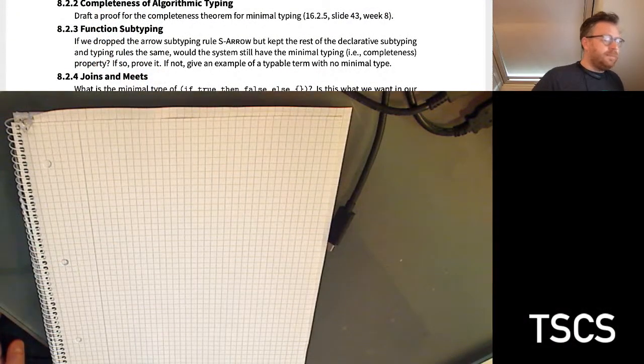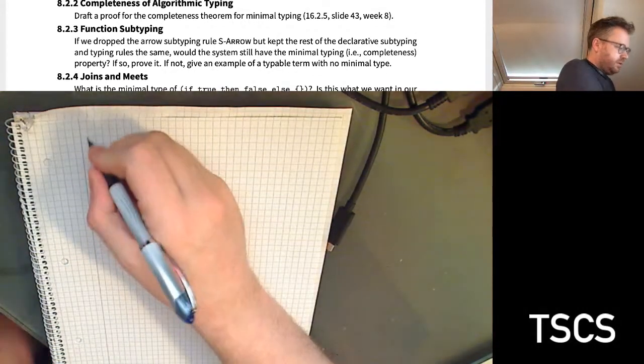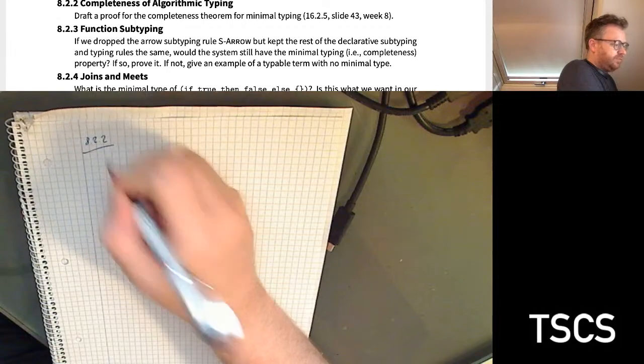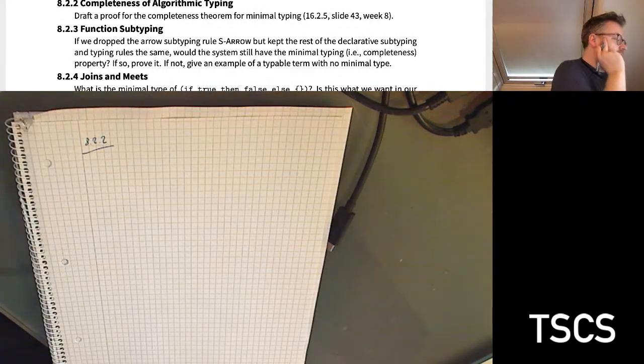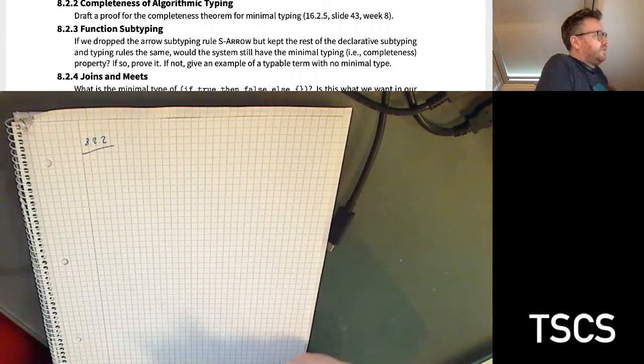Good. How do we go about this? So how do we go with this? Of course, as any proof in this course goes, it's an induction on any kind of derivations or any structural induction.